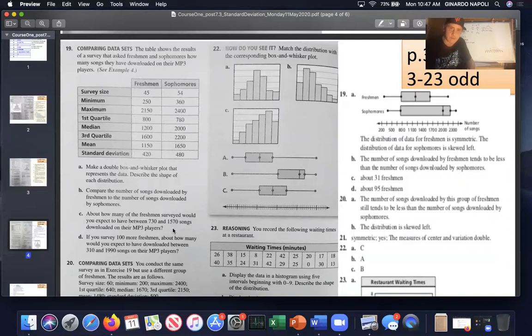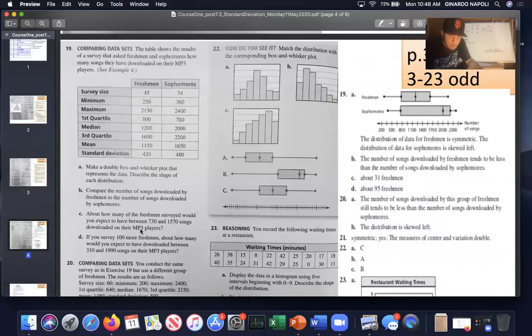If you're looking at C here, you got 730 and 1570. So that's freshmen. Well, 730 is right about at the left quartile, right? And 1570 is pretty close to the upper quartile. And we know we got 50% between lower and upper. So since that's, again, not precise, but we know at least half of the freshmen, probably more, but at least half are going to be in this range based upon box and whiskers.